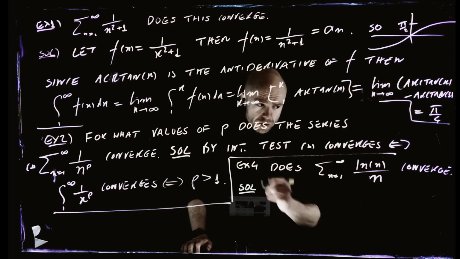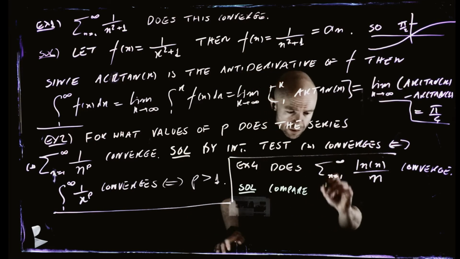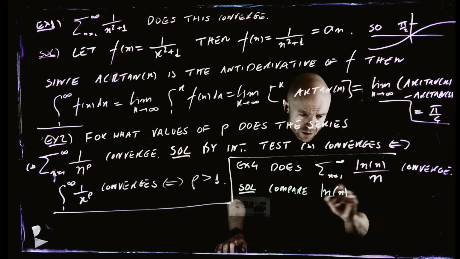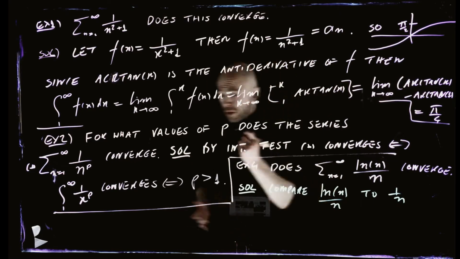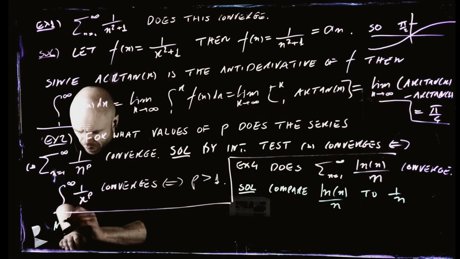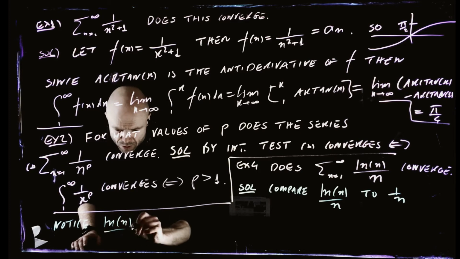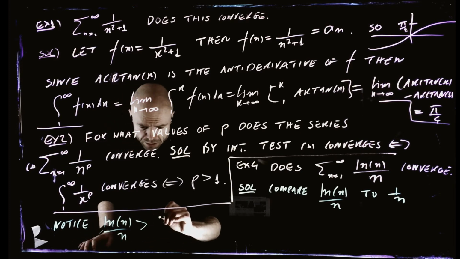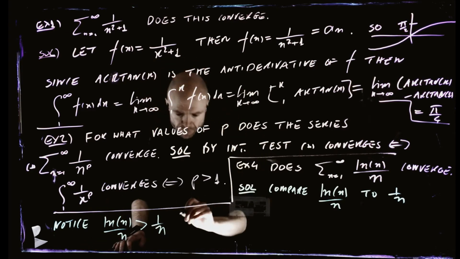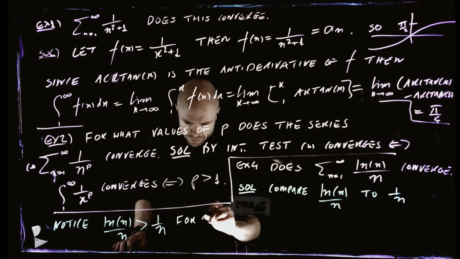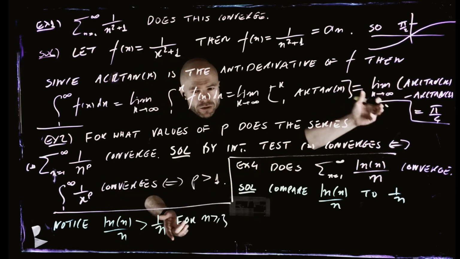So I'm going to show you two solutions. Compare the terms log n over n to 1 over n. We see that log n over n is actually bigger than 1 over n for all n bigger than 3, because log of x for x bigger than 3 is bigger than 1, right?